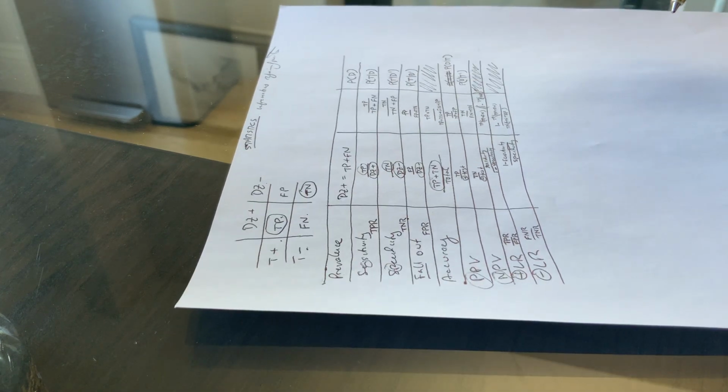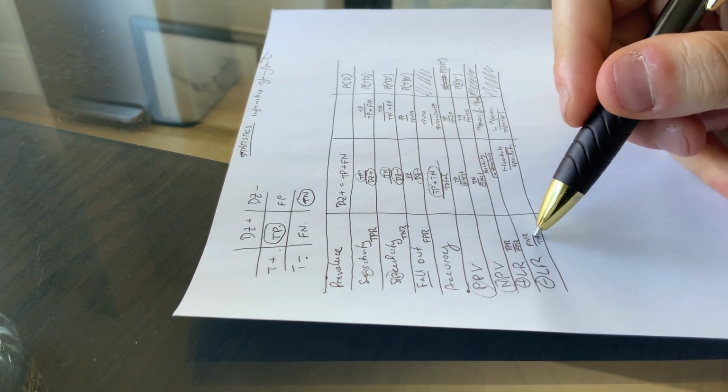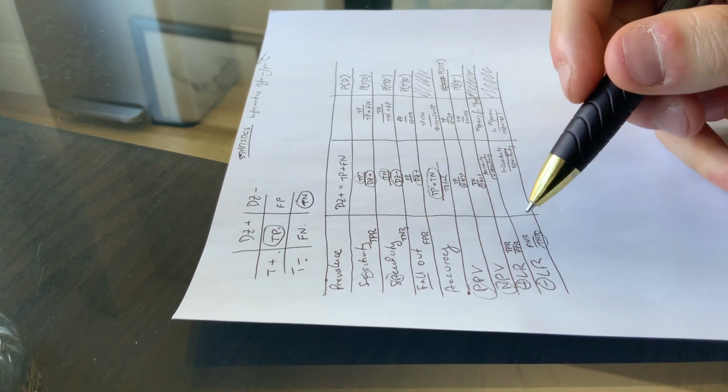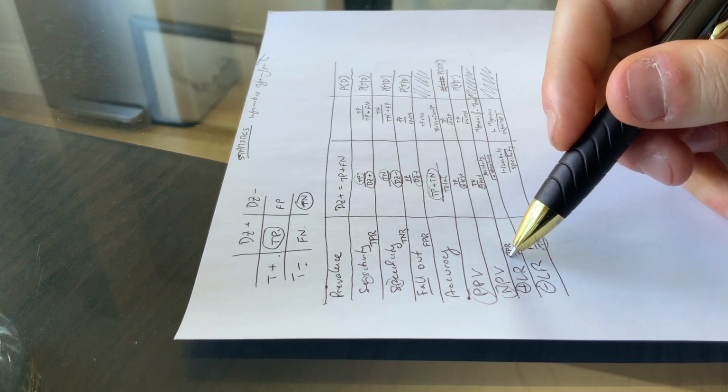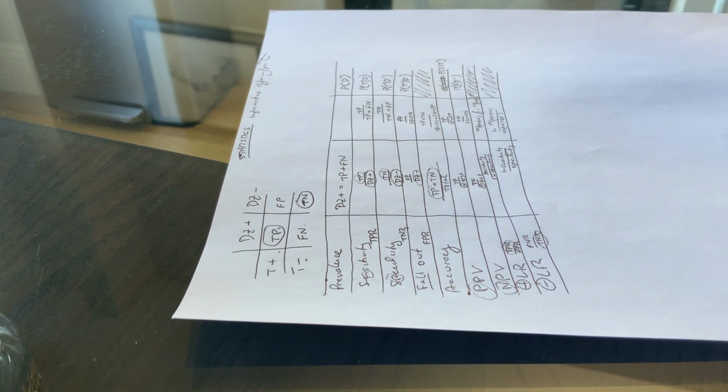And the smaller the fraction, the more that whatever the test comes out, it's going to make it less likely that you have the diagnosis. So you want that true negative rate to be in the denominator, as opposed to positive likelihood ratio, where you want that true positive rate to be in the numerator, because the higher the number, the more it increases the odds of you having that diagnosis.